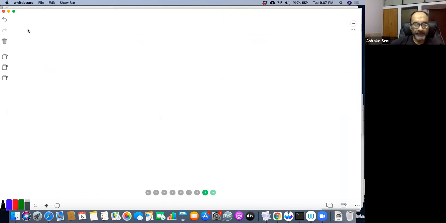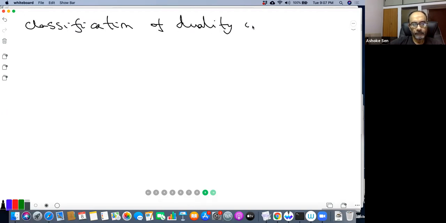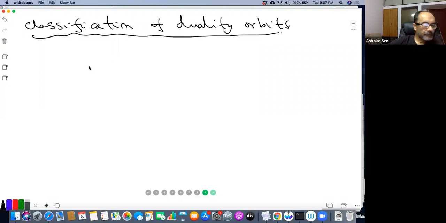Okay, so now let me give the result for classification of duality orbits for this theory. So we remember the lattice lambda in which the charges take value.